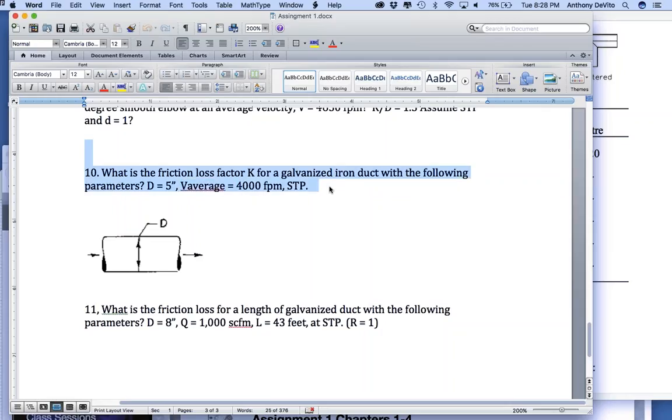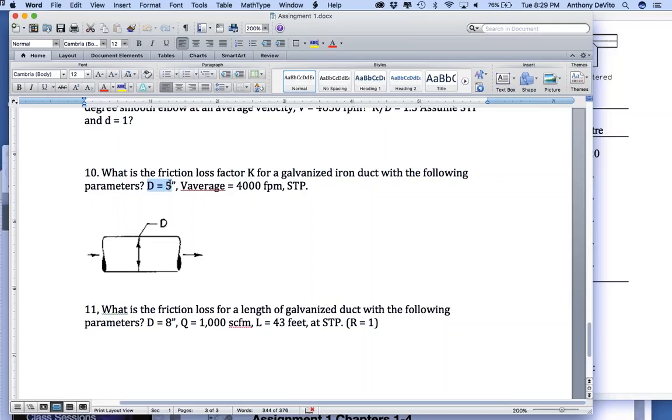So how much loss do we have per foot for a galvanized iron duct that's 5 inches in diameter at that velocity? Well, the static pressure loss is going to be equal to the K value for that size pipe times the velocity pressure.